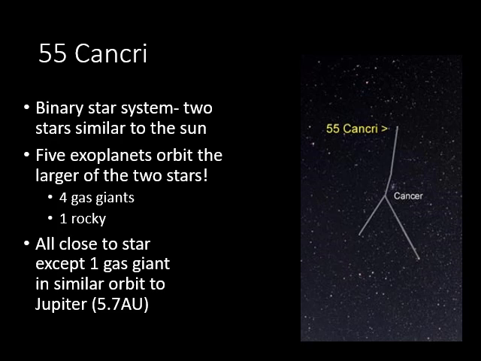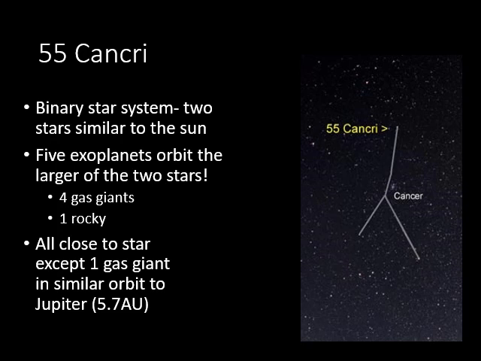So the planets are not going around both stars, they're only going around one of the two stars. An analysis of these exoplanets tells us that there are 4 gas giant planets and 1 rocky planet. So most of them are big puffy planets like Jupiter or Saturn. There's only one of them that's smaller and rocky like Earth.